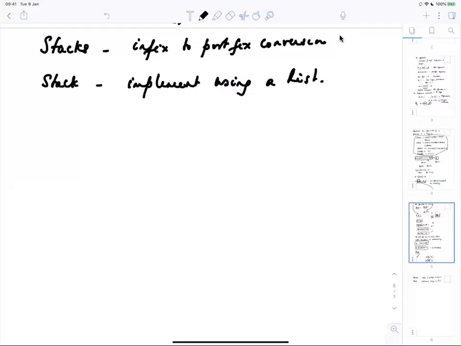And now it's interesting that we can also do postfix expression evaluation using a stack.